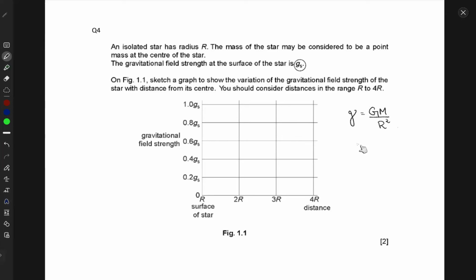Would it look something like the curve from y equals 1 by x squared? Yeah, so the curve should really look like what you expect from a 1 over x squared graph, right?